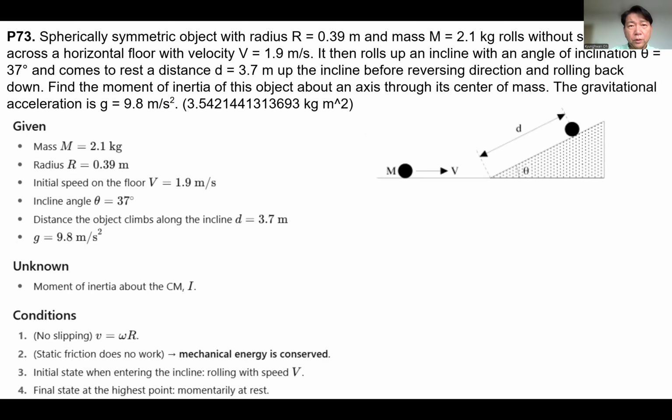And this is another example of energy conservation. But in this case, we have to think about rolling without slipping. That is the very important case. And the horizontal flow with the velocity. So here initially it has a translational motion.